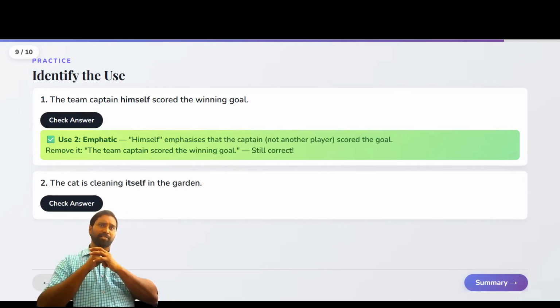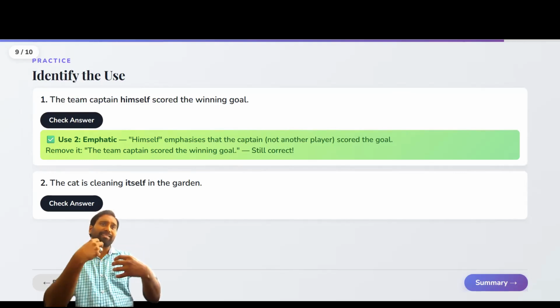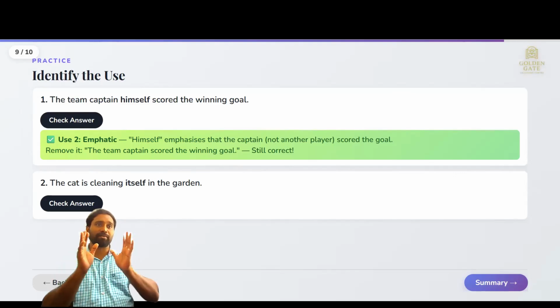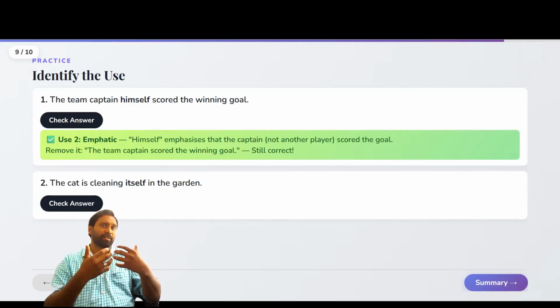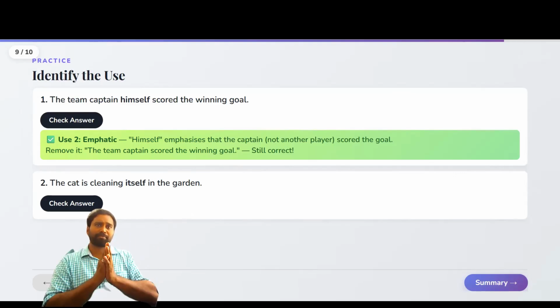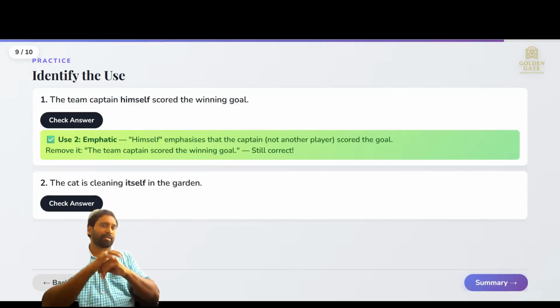In this sentence, children, you can see himself emphasizes that the captain personally scored the goal, not any other player. And after the removal of the reflexive pronoun, we got to know that the sentence still remained complete. It did not do any harm. Clear? Right.